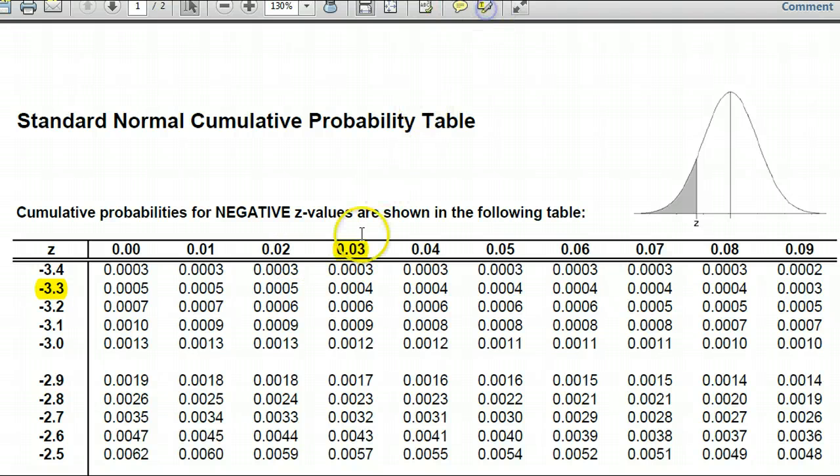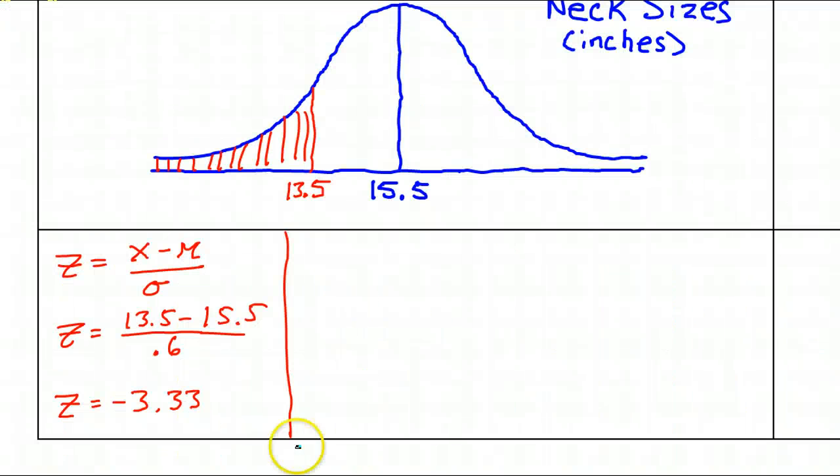That second 3 tells us which column in which to look, and it tells us we're dealing with 0.0004.